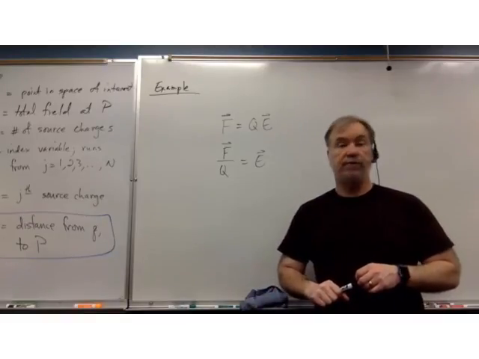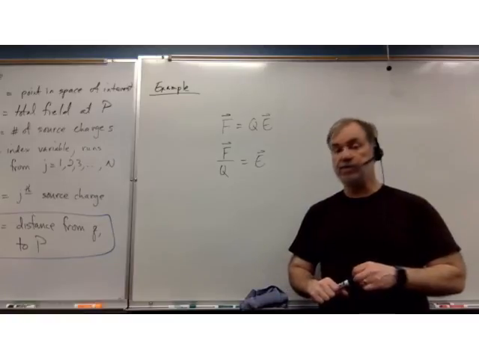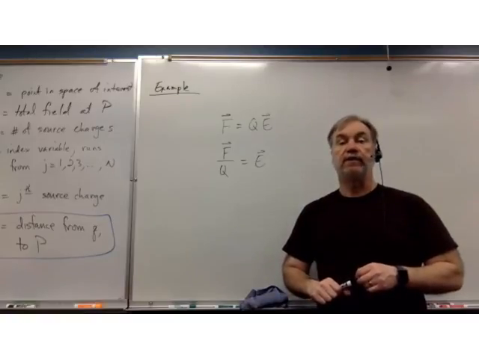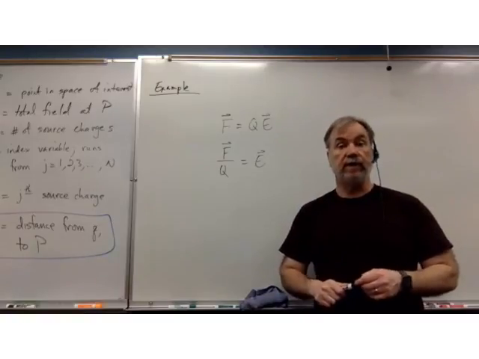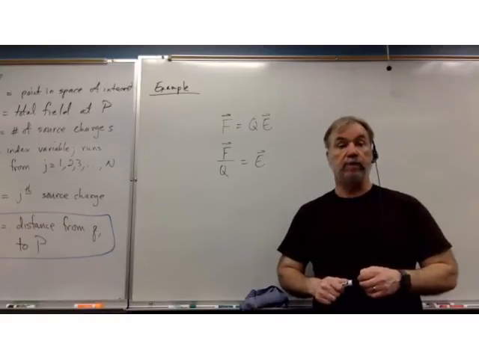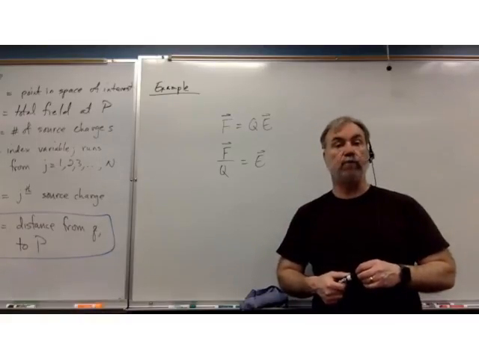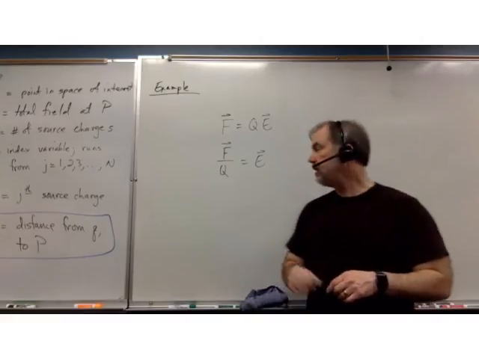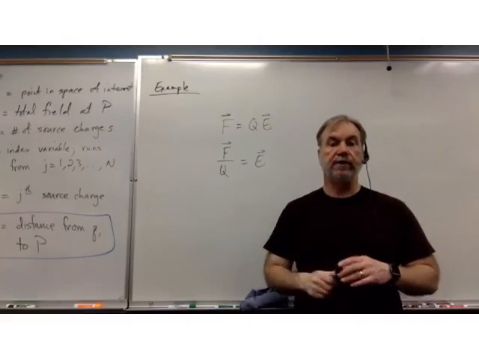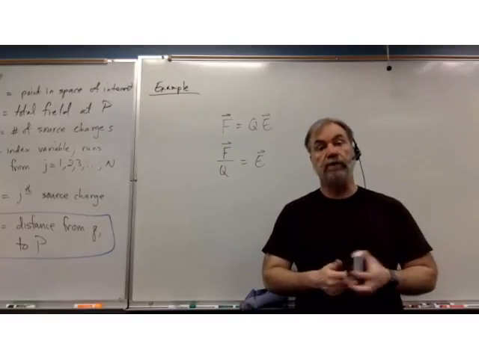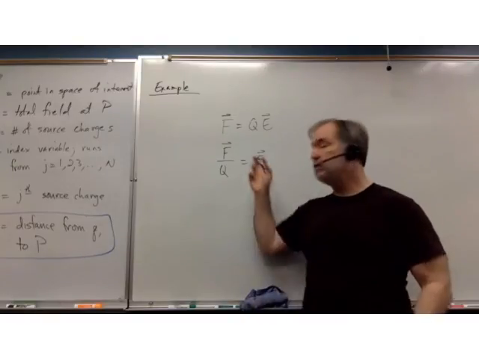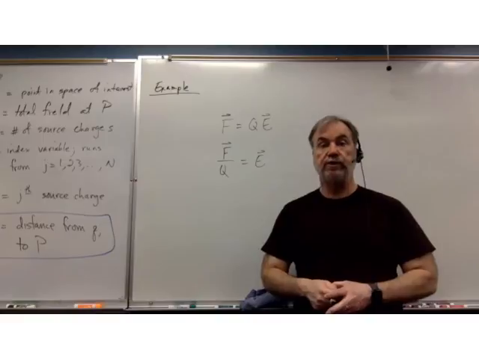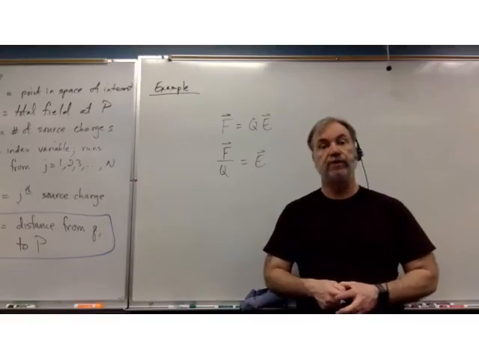For the same electric field, if I put a test charge in that field that's twice as big as another one, then that bigger charge will experience twice as big a force. Okay, but it's the same electric field. So the electric field applies a certain amount of force per coulomb of charge, a certain number of newtons of force per coulomb of test charge that you put in the field.